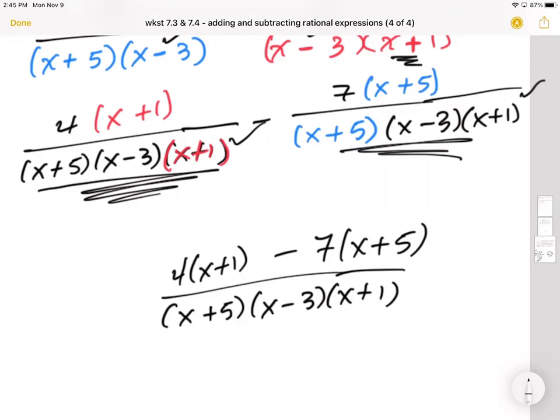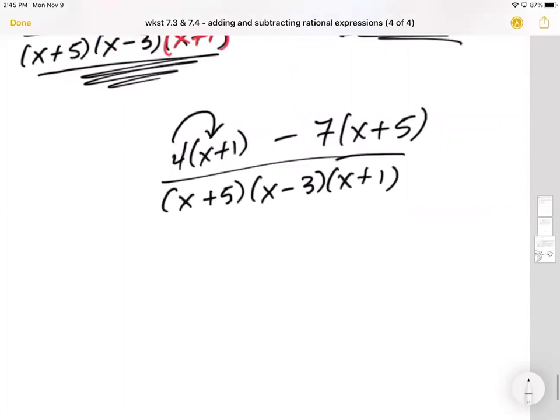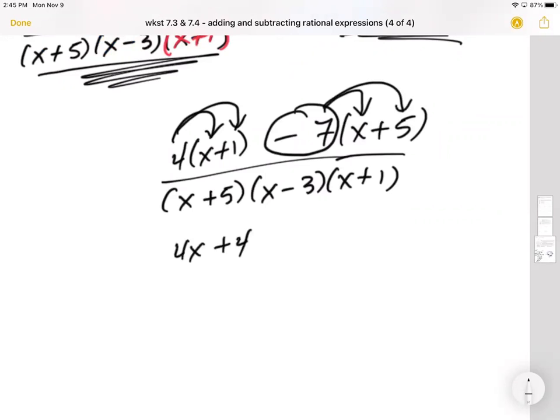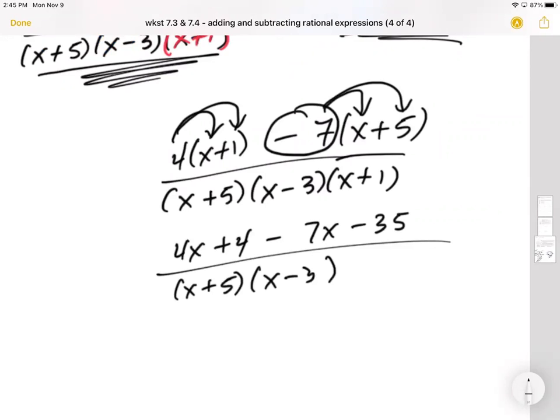I need to distribute the 4 in, and I need to distribute the negative 7 in here. So I have 4x plus 4 minus 7x minus 35, all over x plus 5, x minus 3, and x plus 1. Now, do you agree that we have like terms?